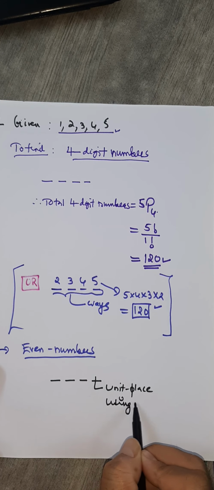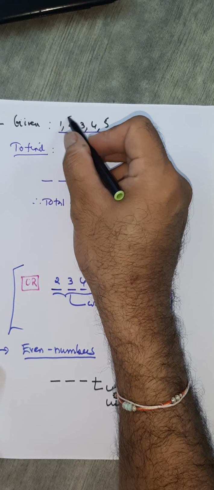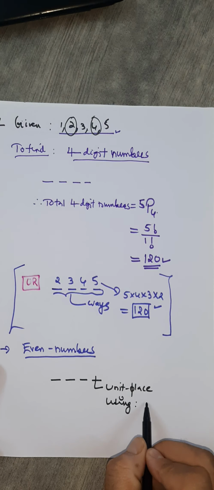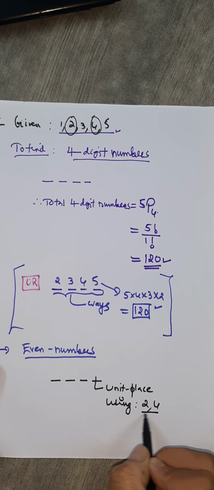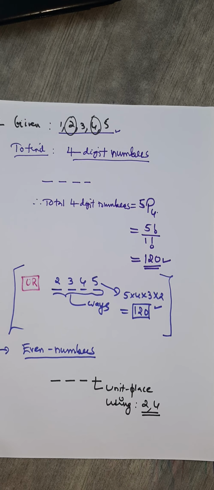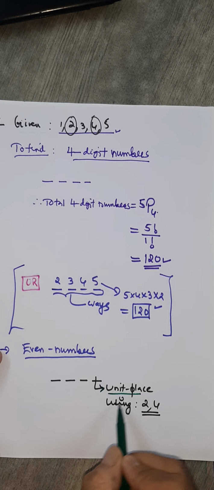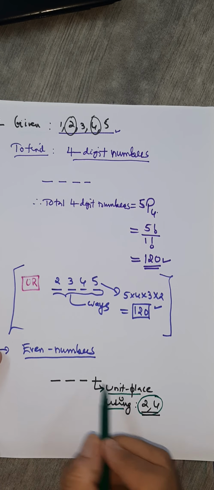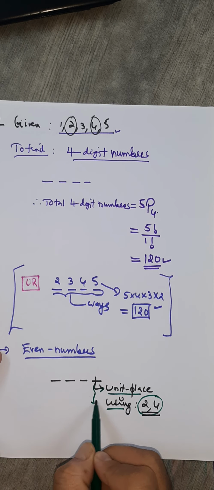Now among the given digits, the even ones are 2 and 4. So this can be done using 2 and 4 only. Unit place should be filled up using even digits only. So here this is 2 ways.